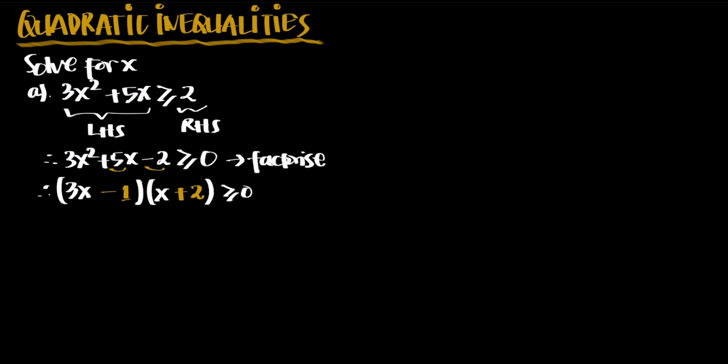So now the next one, before we go to the sign diagram, we have to solve this. So 3x minus 1 ≥ 0, or x plus 2 ≥ 0.